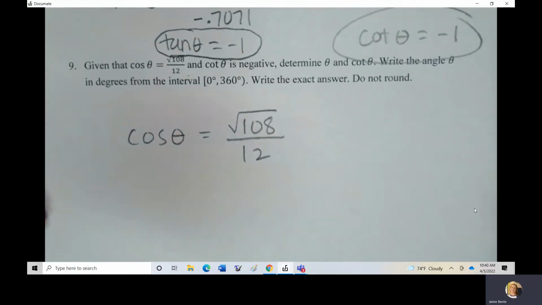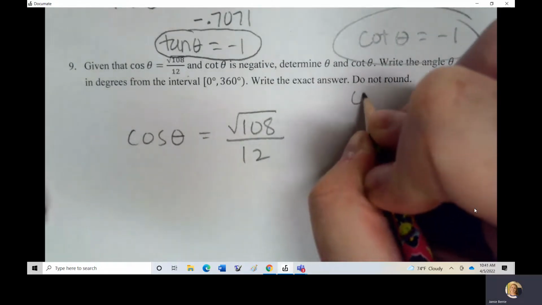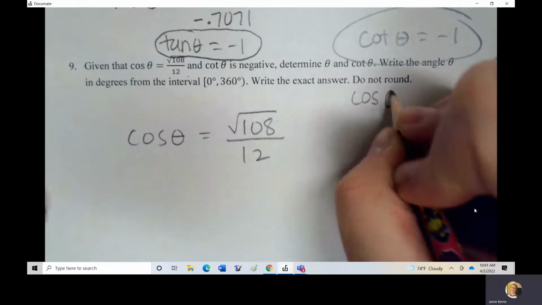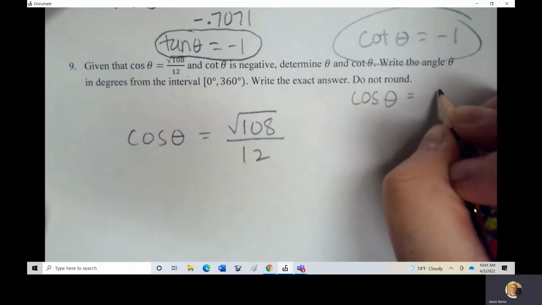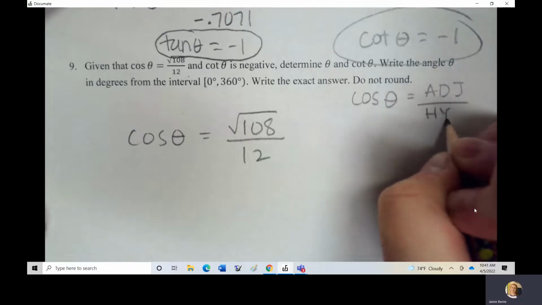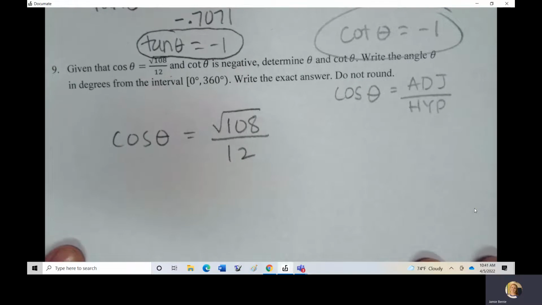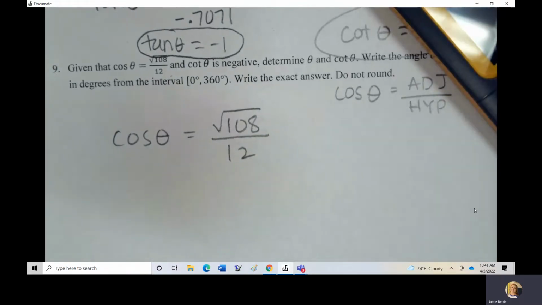We know that cosine, thinking about SOHCAHTOA, cosine theta is adjacent over hypotenuse. We're going to keep that in mind. Let's look back at our little table that we made the other day.